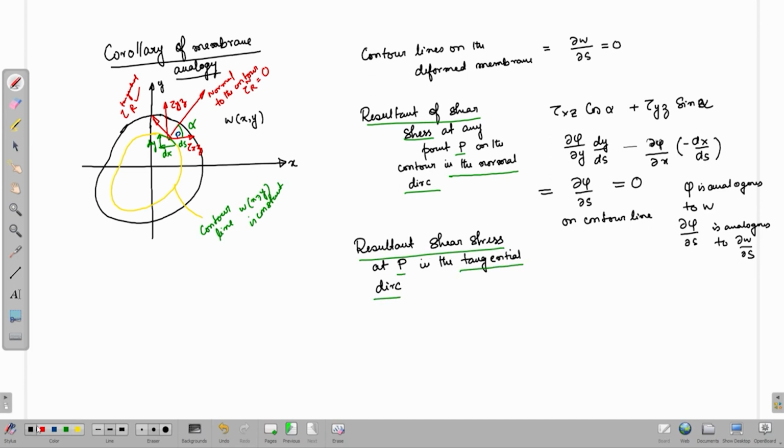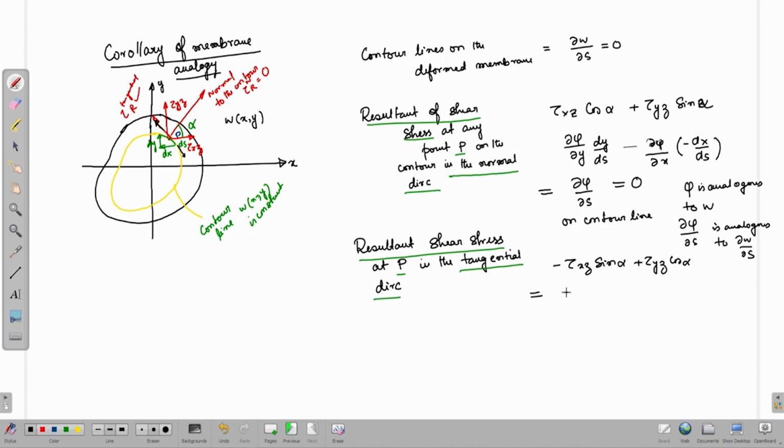So, let us write it down. That is going to be tau xz into minus sin alpha plus tau yz into cos alpha. If we look at it geometrically, tau xz in this direction is going to be minus tau xz sin alpha, and tau yz in this direction is going to be tau yz cos alpha.